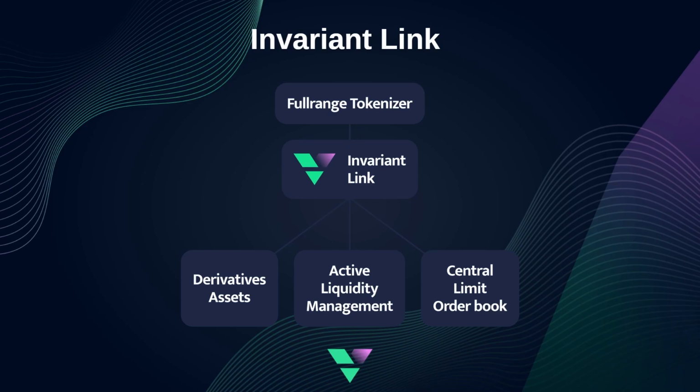Ultimately, Invariant aims to integrate with multiple DEXs, offering users the freedom to select the CLMM pools where they want to provide liquidity. Therefore, Invariant will aggregate pools from various DEXs. During the hackathon, we developed the Fullrange Tokenizer from scratch, which is now a key feature of our platform. Next steps include implementing the central limit order book, active liquidity management, and derivative assets.